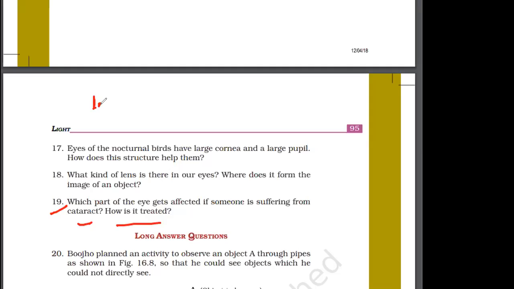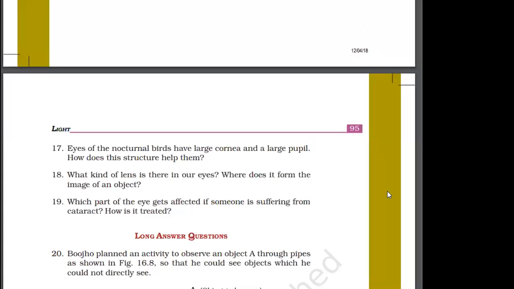In cataract, the eye lens becomes cloudy. Got it? By surgery they remove it, and they replace the eye lens. Okay, got it. Yes, very good.